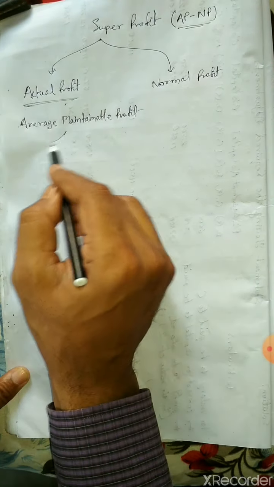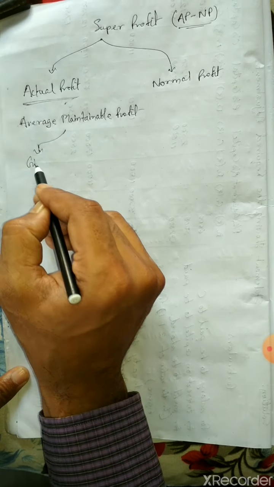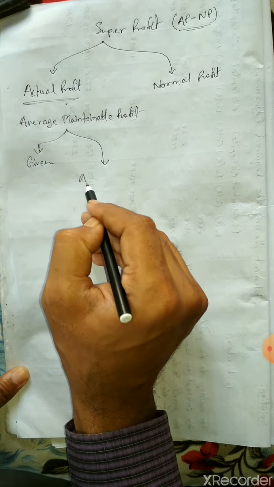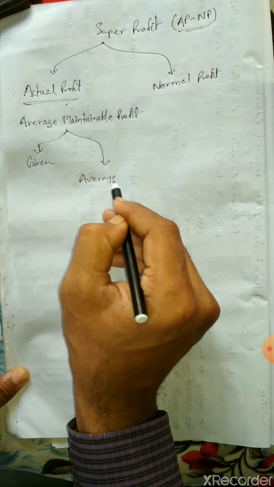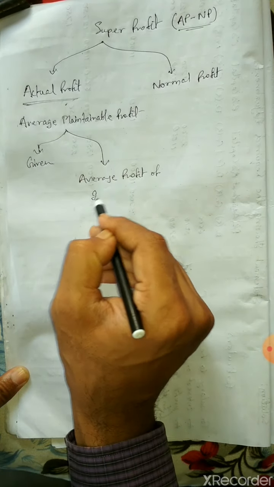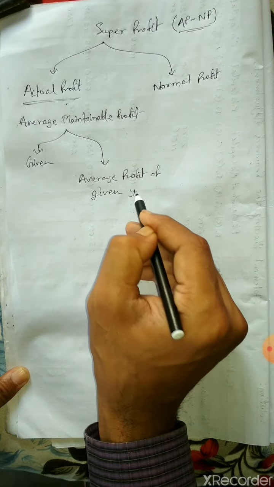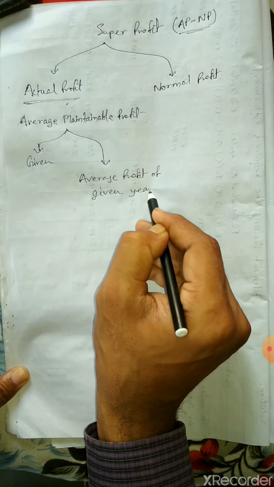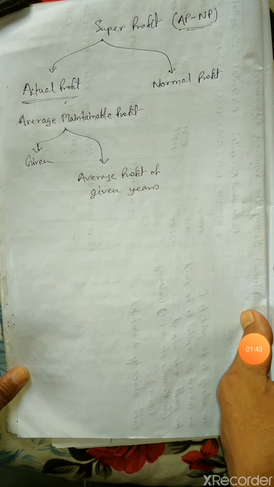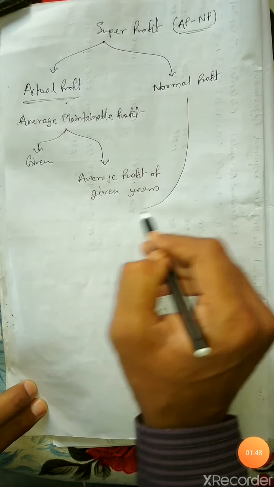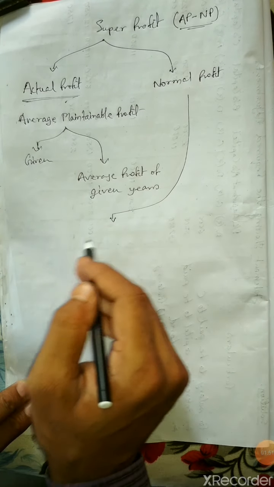So average maintainable profit and actual profit are both the same things. Sometimes it is given, and when it is not given you have to calculate. So how will you calculate the average maintainable profit? Average maintainable profit is nothing but average profit of given years. Suppose 5, then you have to calculate from there what is the average profit for given years, and sometimes it is also given. We will see both the cases.